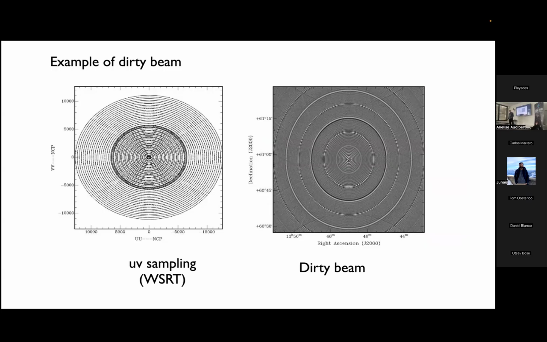So it's the theoretical response to a point source of unit flux. For a point source of unit flux, the Fourier transform is one everywhere, so it is one along these tracks. So a unit point source would look like this. So it's a theoretical concept.